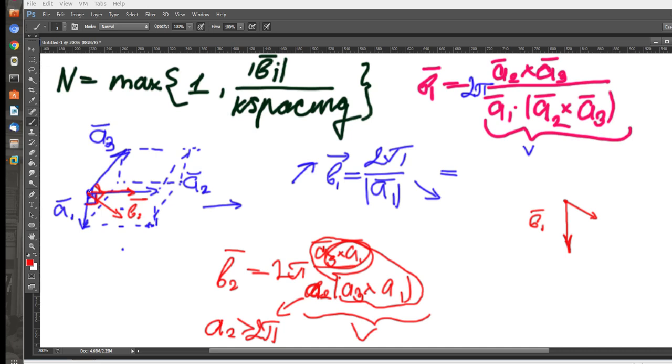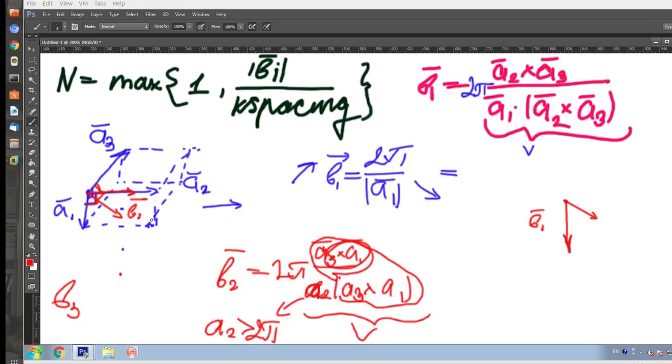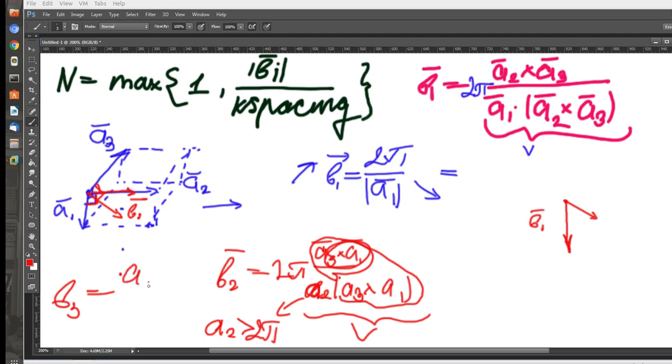So here b3 is equal to something like, here we had a1, let's check a1 and a2. Okay, so it will be equal to a1 a2 times 2 pi divided by volume.